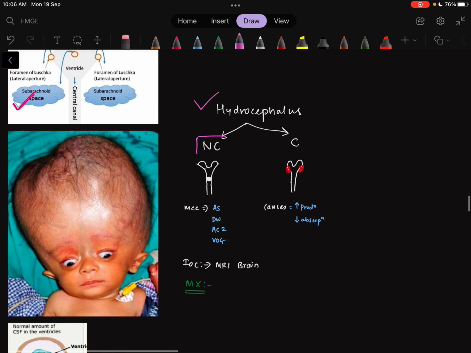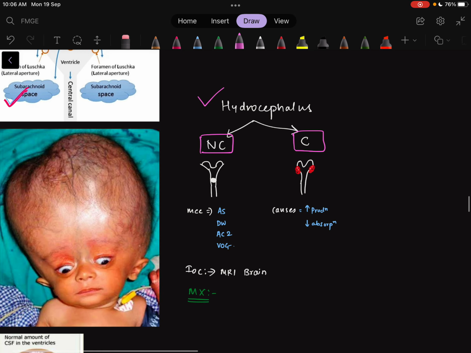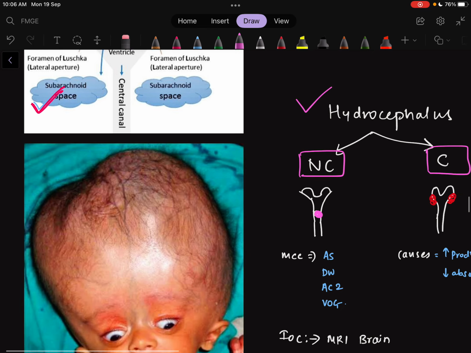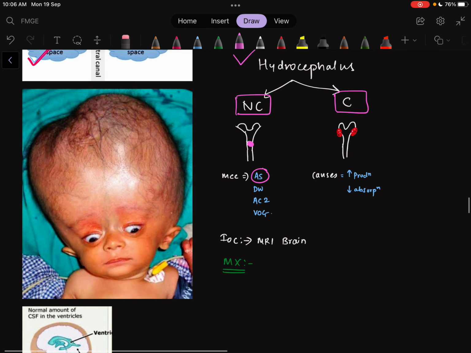Hydrocephalus is of two types: non-communicating and communicating. In non-communicating, it can be due to the obstruction. And most commonly it is due to aqueductal stenosis. Other causes can be Dandy-Walker syndrome, Arnold-Chiari malformation type 2, and vein of Galen malformation.